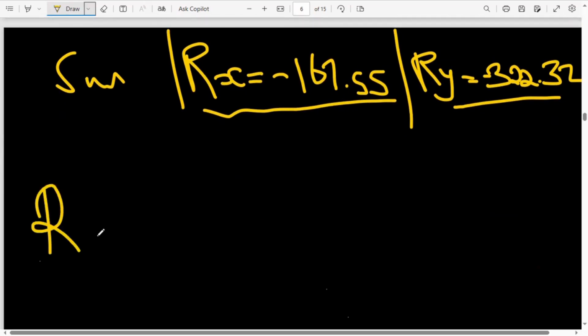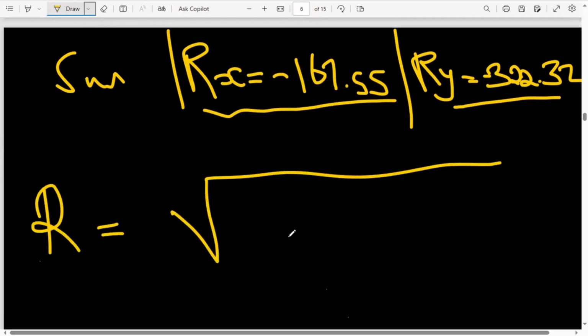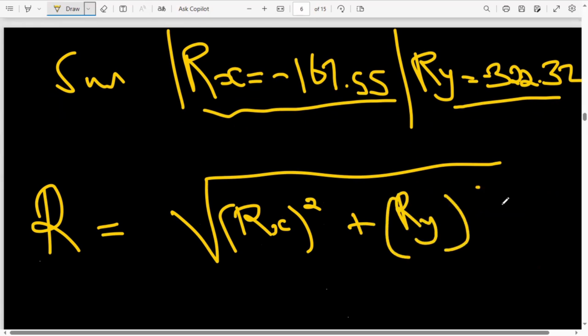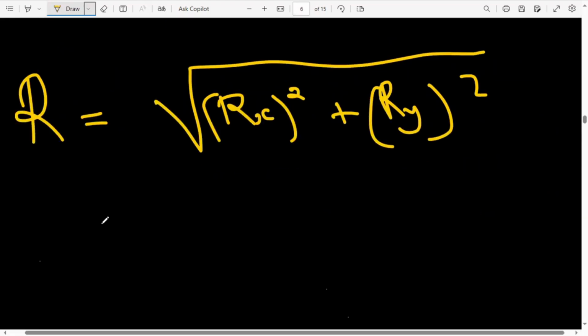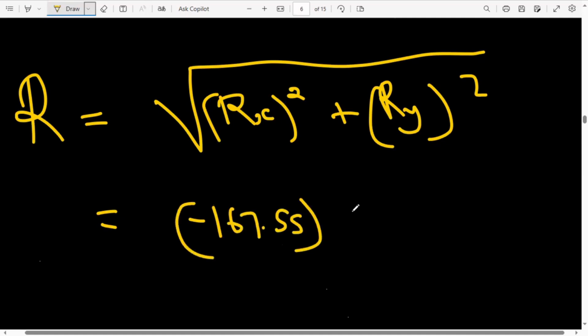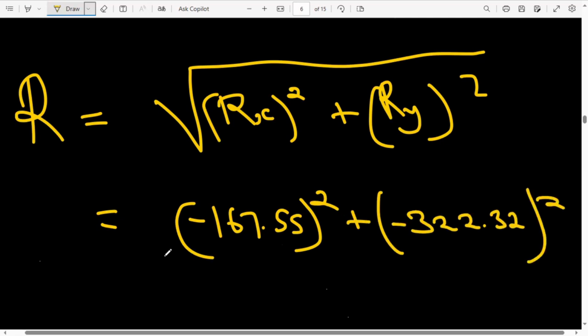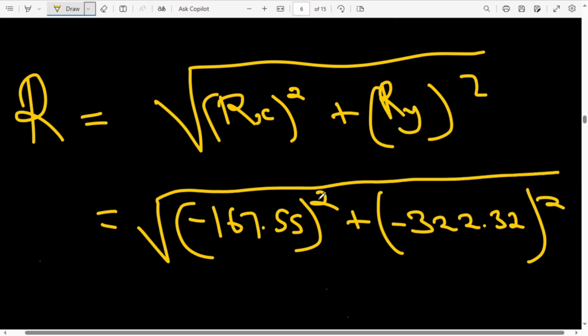The resultant is found by this formula: the square root of resultant of x squared plus resultant of y squared. We have this and we have this, so we can plug them into that formula. So it equals the square root of minus 167.55 squared plus minus 322.32 squared.